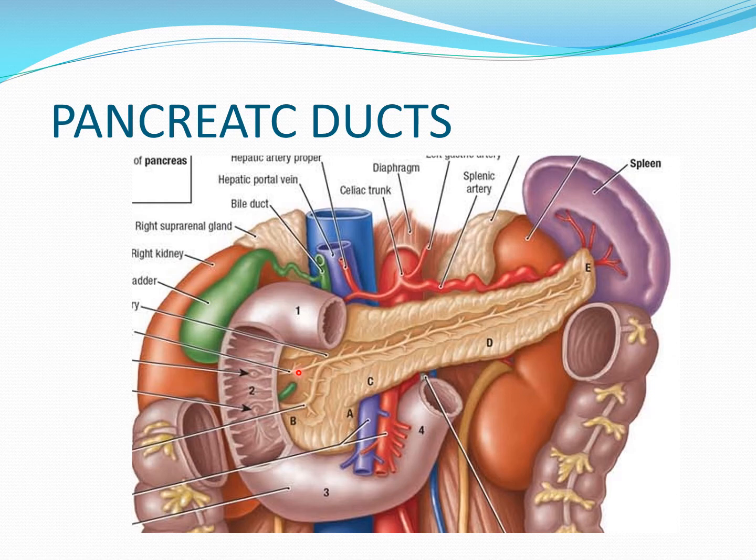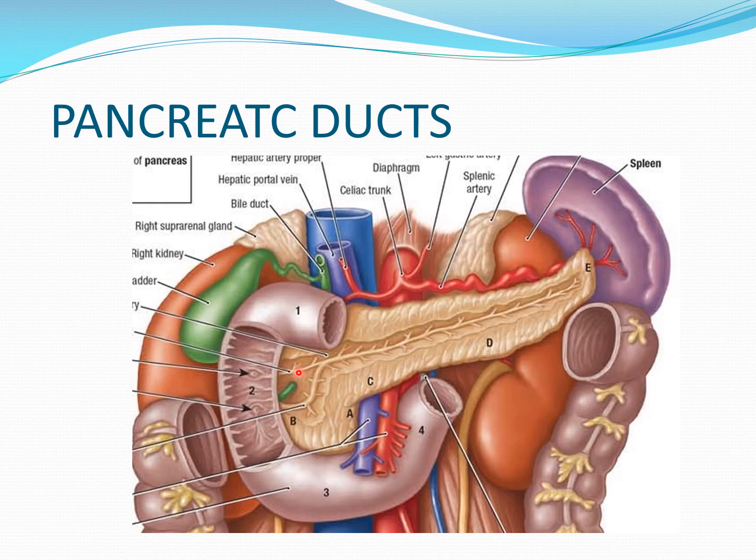It begins at the tail, runs downward towards the right through the body, and bends at the neck to run downward, backward and to the right in the head.